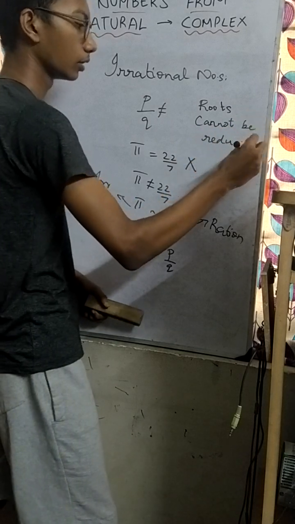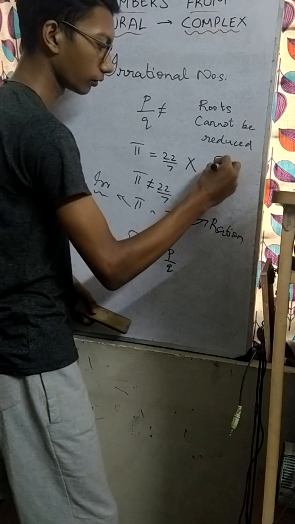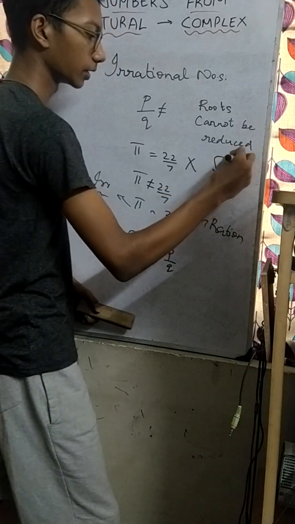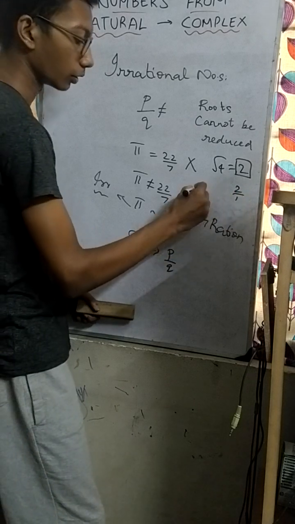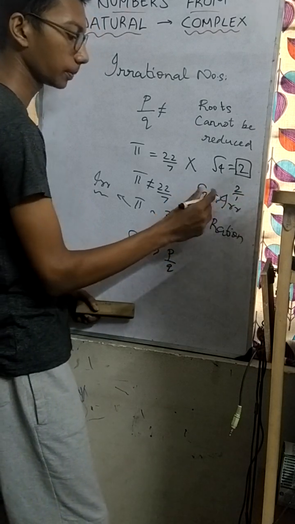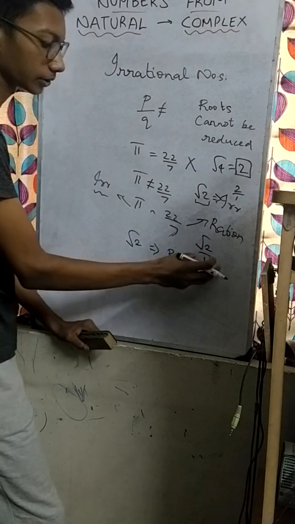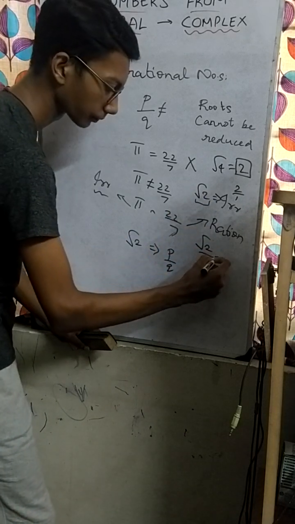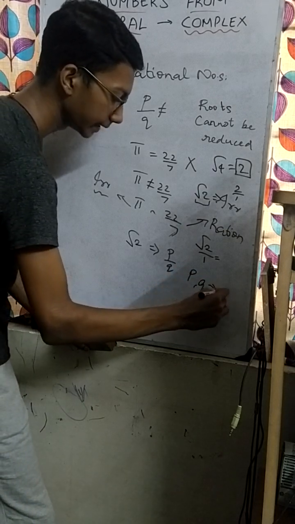For example, if you say all the roots are an example, then root 4 we have. Root 4 equals 2, but this is a rational number since we can denote it as 2 by 1. But root 2 is an irrational number since it cannot be written as p by q. You can say it is written as root 2 by 1, but the p and the q you get should be integers.